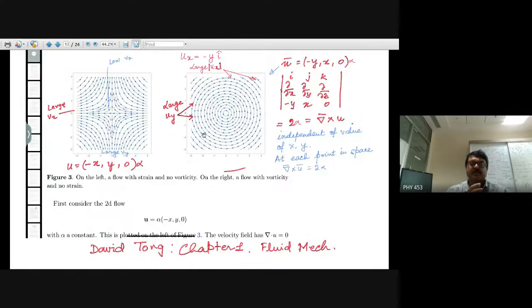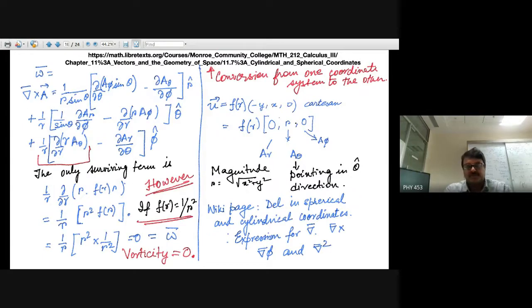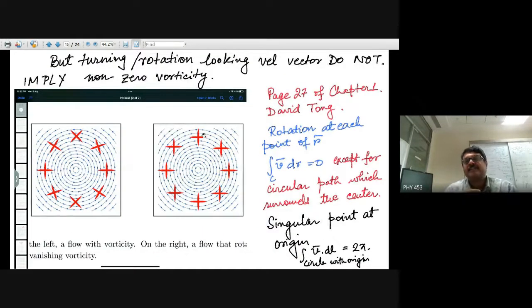So I want you to notice that just curved lines don't indicate vorticity. You actually have to calculate the curl to figure it out. The other physical picture I want you to have is that turning or rotational looking velocity vectors do not imply non-zero vorticity, as I just discussed in the previous slide.